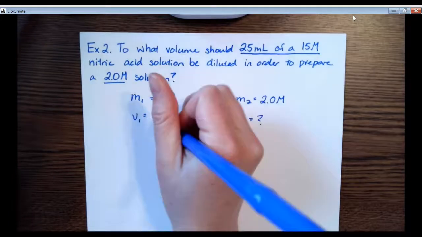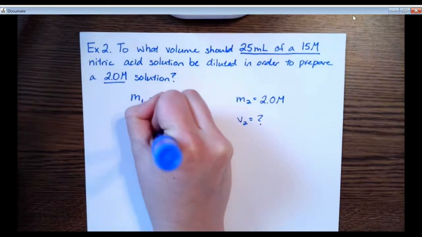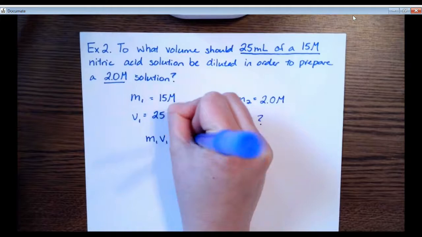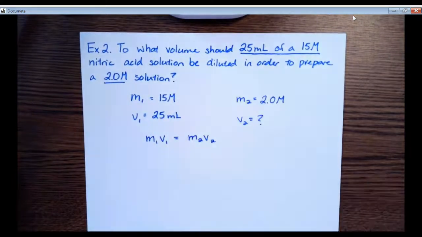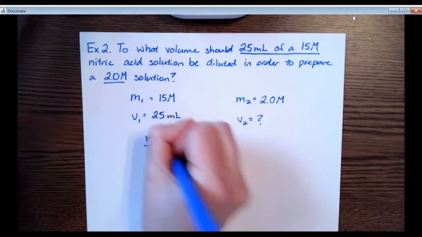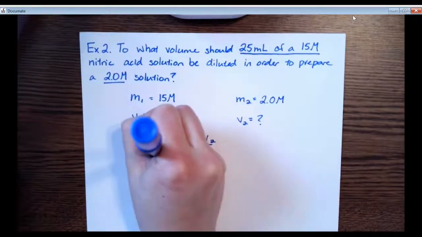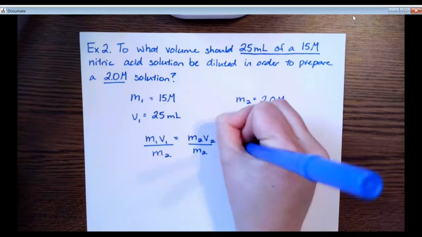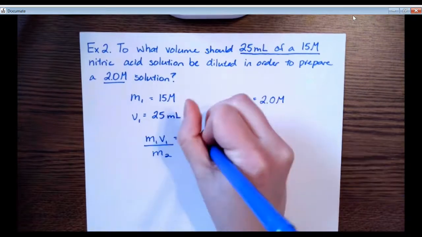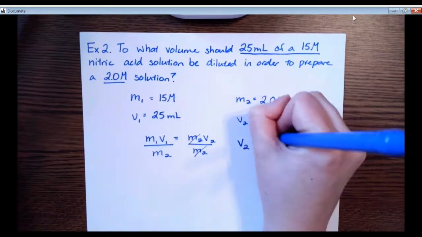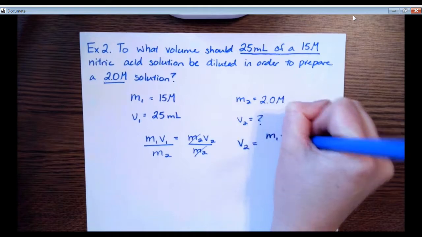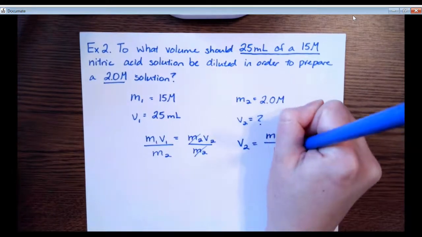So if I go ahead and set up my equation, M1V1 is equal to M2V2, I'm going to divide both sides by my M2 to get my V2 by itself. Okay, so my equation becomes V2 is equal to M1 times V1 divided by my M2.